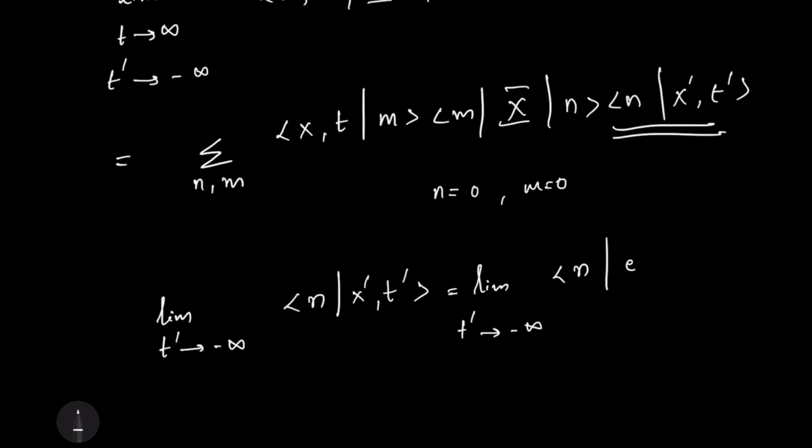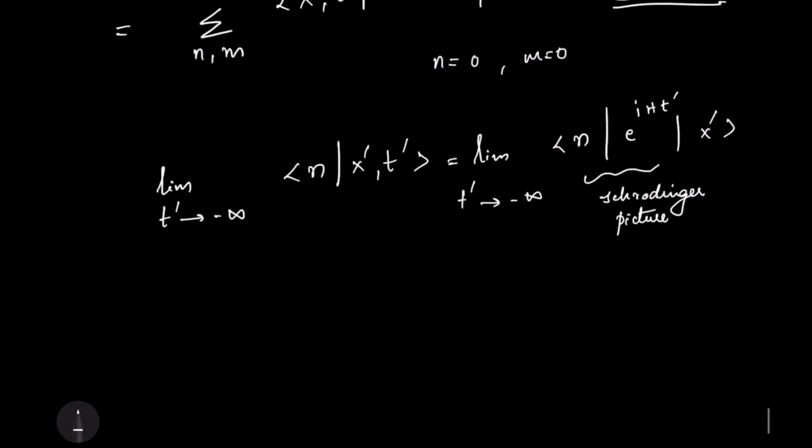In the Schrodinger picture I can write e raised to i H t prime acting on x prime. This is the Schrodinger picture in terms of the operator.